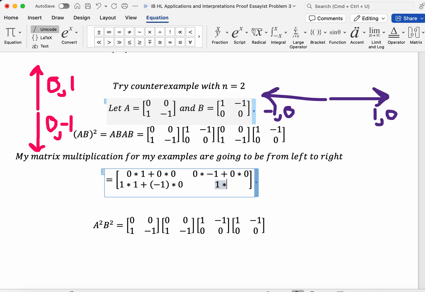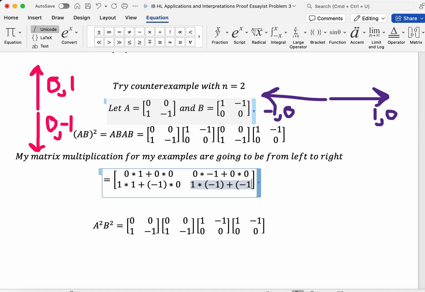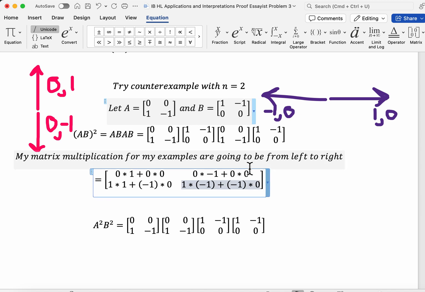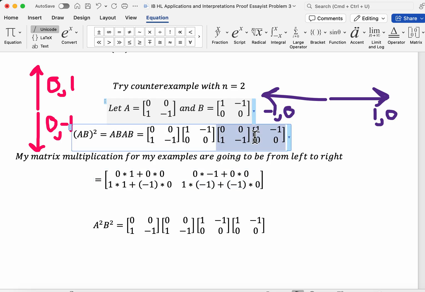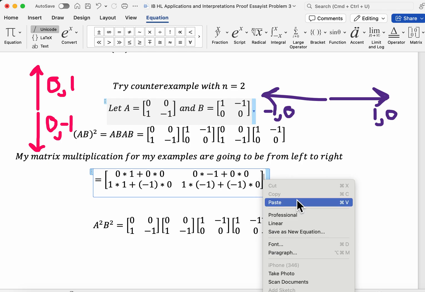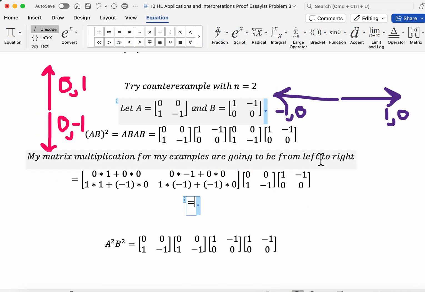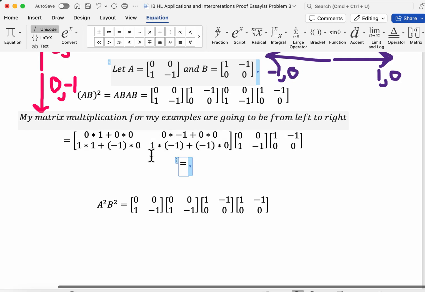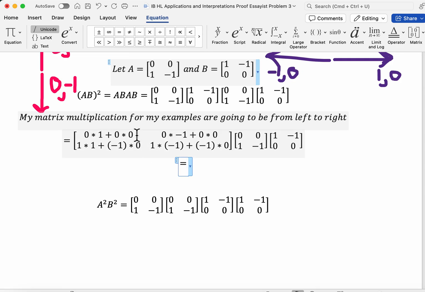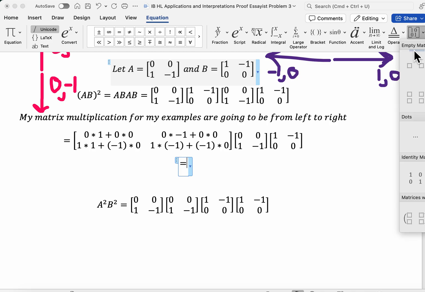This is going to be 1 times negative 1 plus negative 1 times 0 here. And then the other two remaining matrices here are the same. Let's go and paste this here and expand this out. So that just seems to be 1. I'll have 3 matrices now.